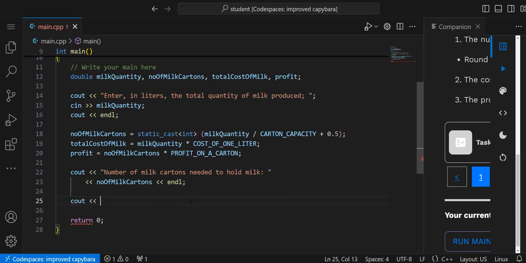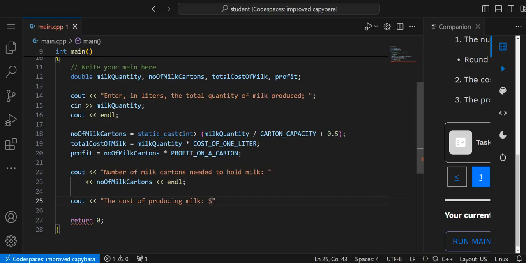All right, this one's going to say the cost of producing milk, and it's going to be in dollars since it's a cost.